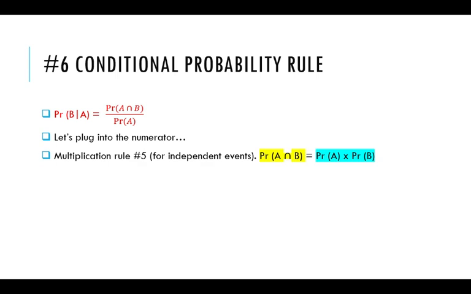So I'm going to take the multiplication rule for independent events, equation number 5, and plug it in. I've separated it into yellow and blue so you can follow me. I started with my conditional probability equation, and I'm taking the yellow part and replacing it with the blue part. So all I'm doing is plugging equation number 5 into the numerator.